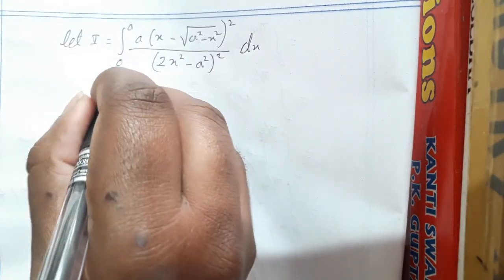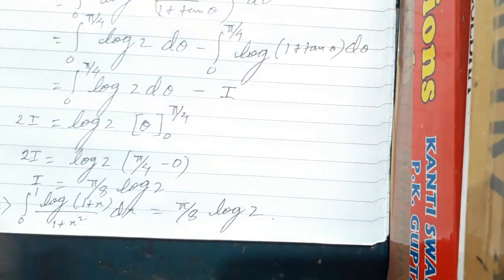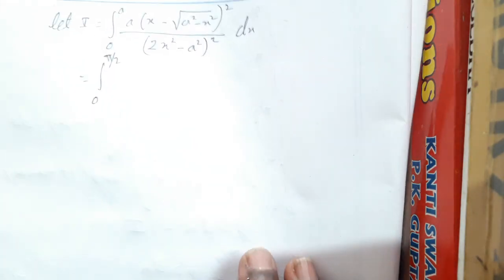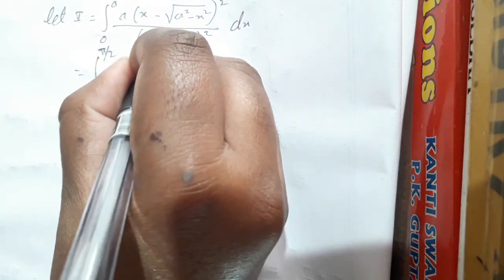Now let us put the values here. We have the limit from 0 to pi by 2, and x is a sine theta.